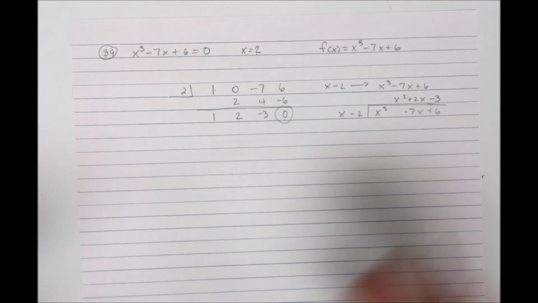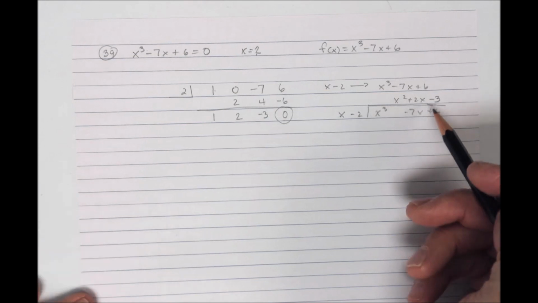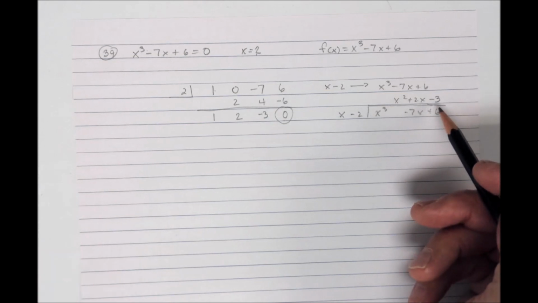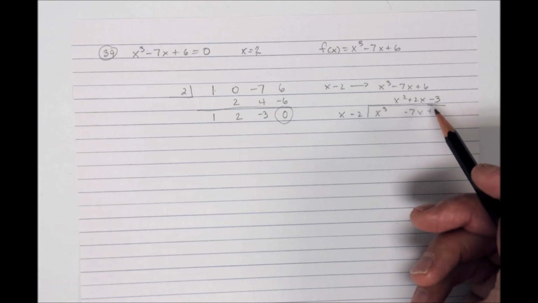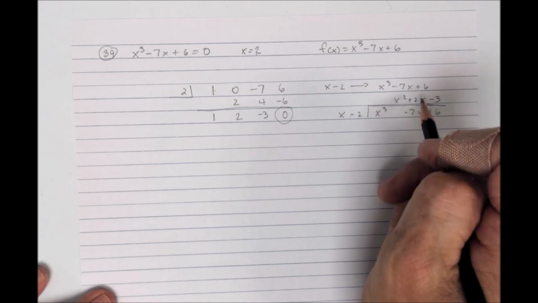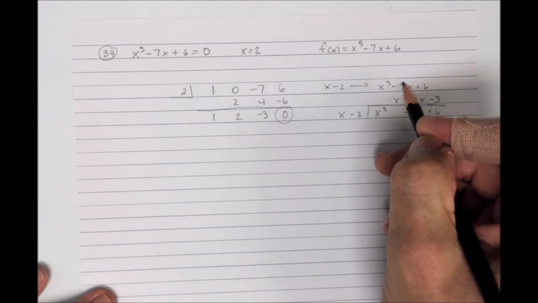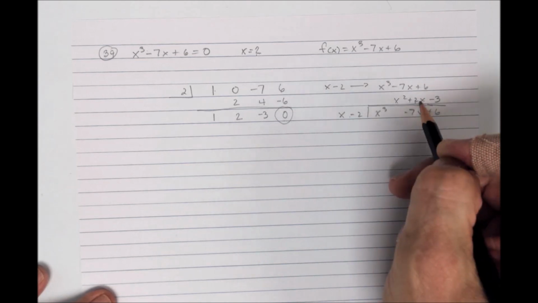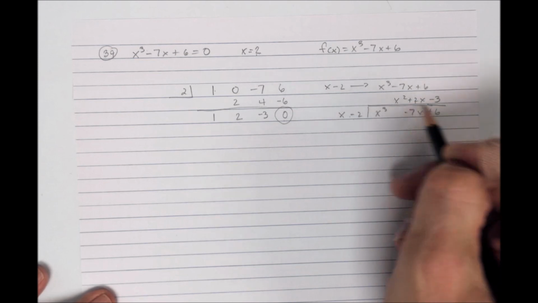But what you can do here, because the directions ask you to use this result to factor the polynomial completely, is this: this times this gives me that, because I divided it in, and these are my two factors, and that's my product right there.